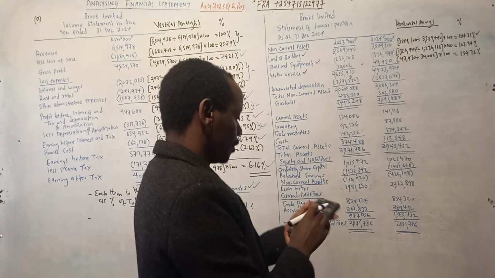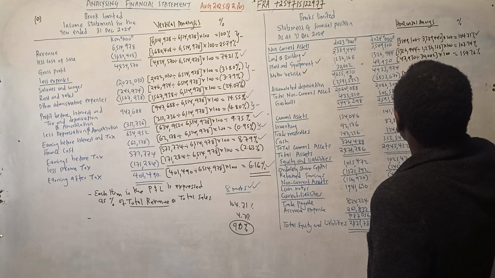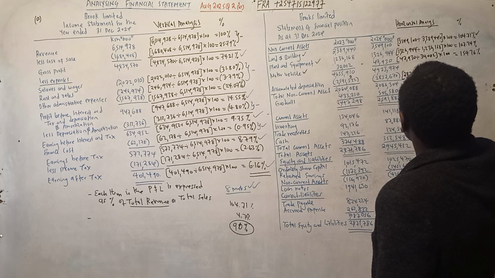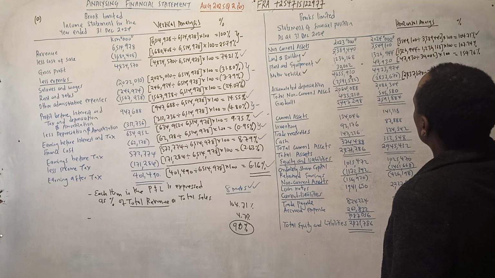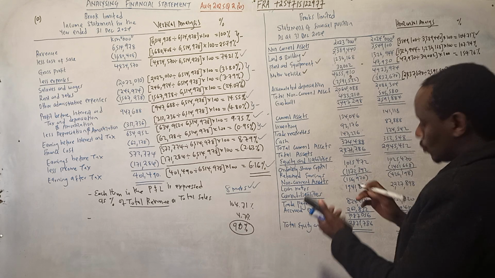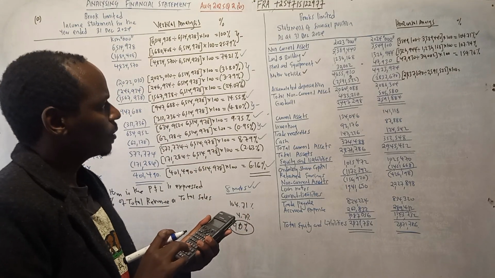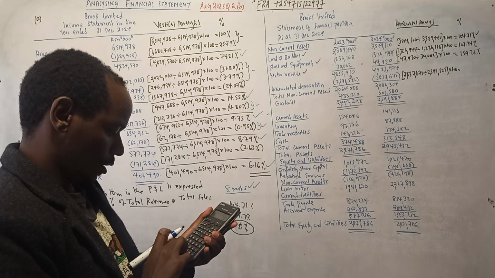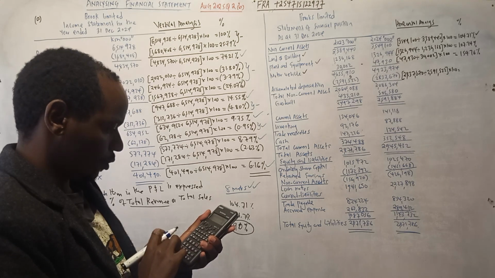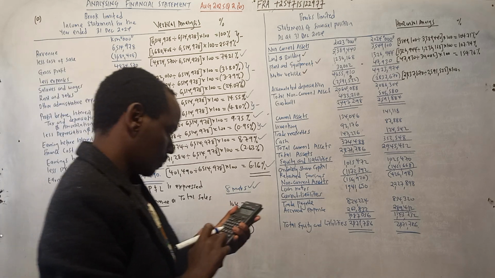Now let us say accumulated depreciation. 28,37,670 divided by 25,91,522 times 100.